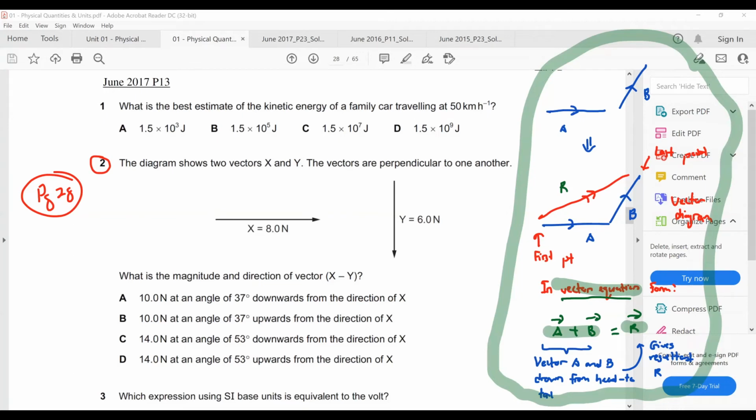Maybe you try to write it somewhere convenient in your notes later on, because you need to know this in order to be able to do this.